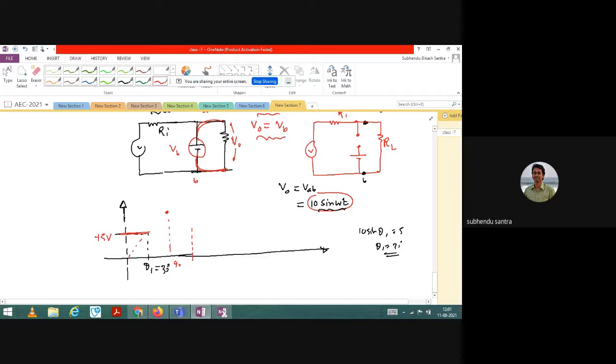So you have to follow this graph. Do the dotted line and then draw it. This value is 10 volt.